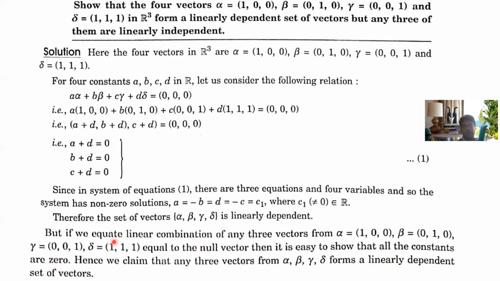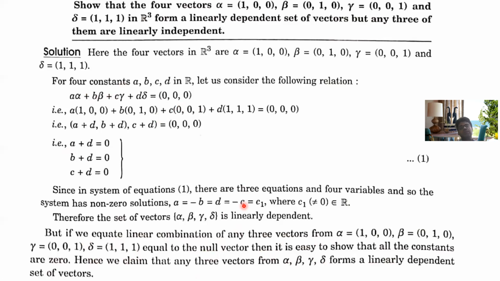If we equate a linear combination of any three vectors to the null vector, then it is very easy. We can consider A alpha plus B beta plus C gamma equal to 0, 0, 0, just like the previous question.